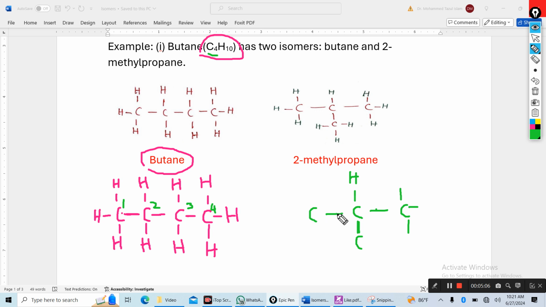The left-hand carbon needs 3 hydrogens, this carbon also needs 3 hydrogens.